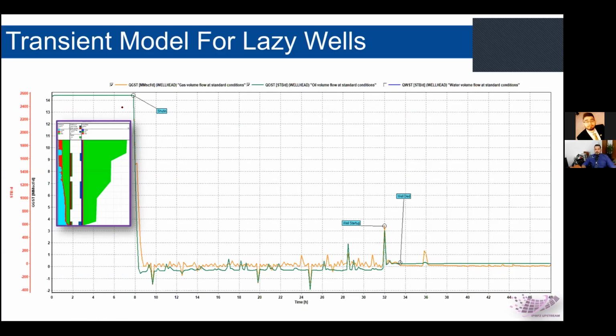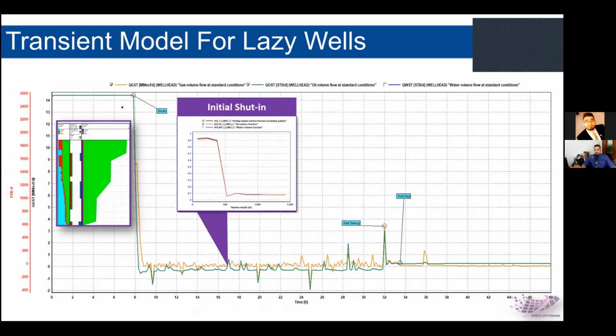On hour 8, we shut down the well for 24 hours. Whenever we shut down the well, we monitor the water holdup. We did this inside the software. On hour 32, which is 24 hours after the shutdown, we decided to open up or start up our well.